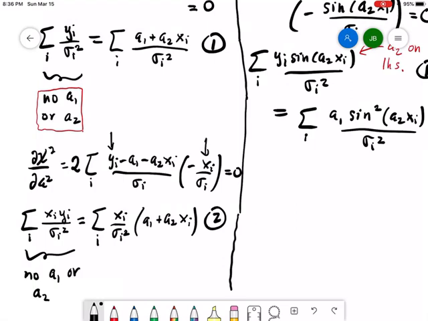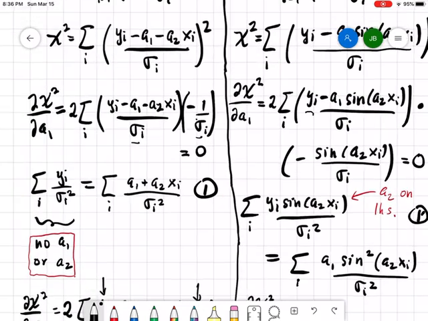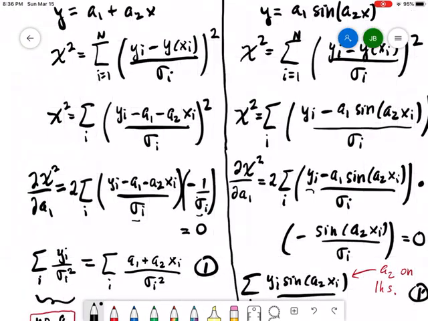Okay, and we want to do the same thing. If I want to minimize chi-squared with respect to my fit parameters, I have to take the derivative with respect to a2 and set that equal to 0. So we scroll way back, and we see that when we take the a2 derivative of chi-squared, it's going to be a little bit complicated because we have a sine of a2 times x.